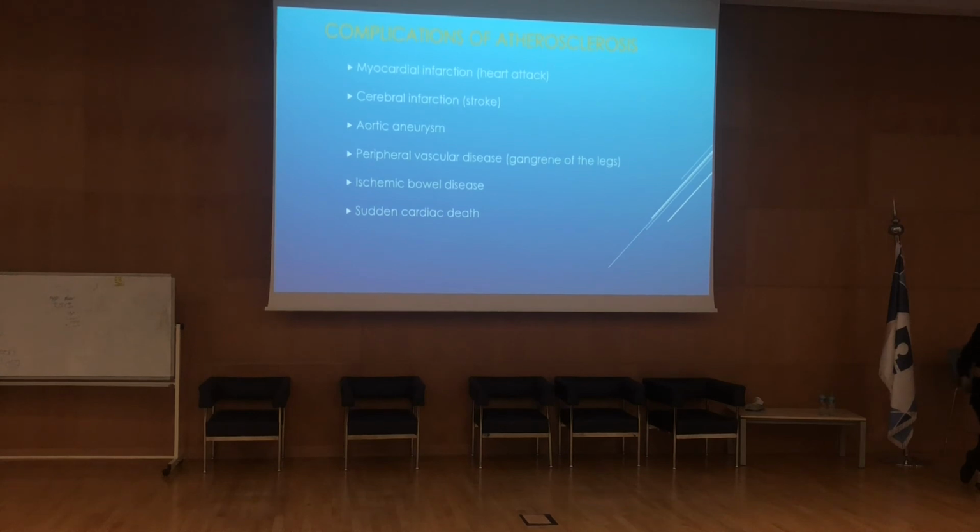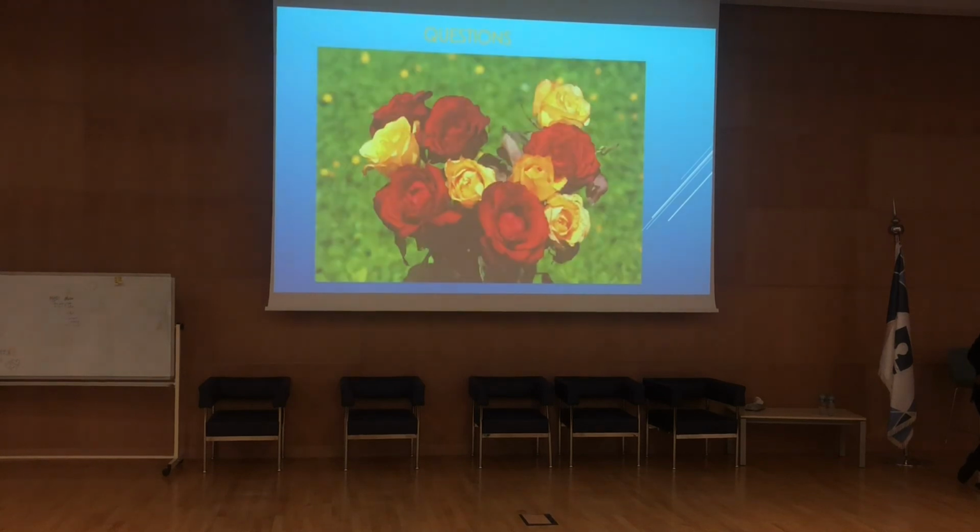You have to cut the whole leg. Ischemic bowel disease, sudden cardiac death. This is another big problem. Chronic ischemic heart disease. These two topics we'll be discussing fully next week, inshallah, and then ischemic encephalopathy. So these are the complications.